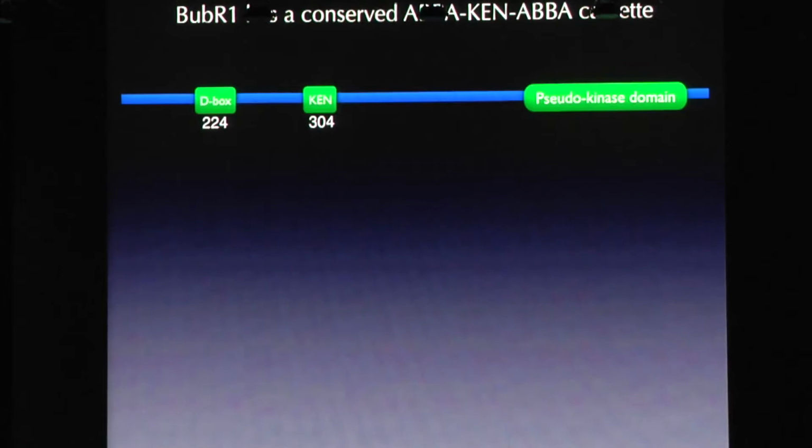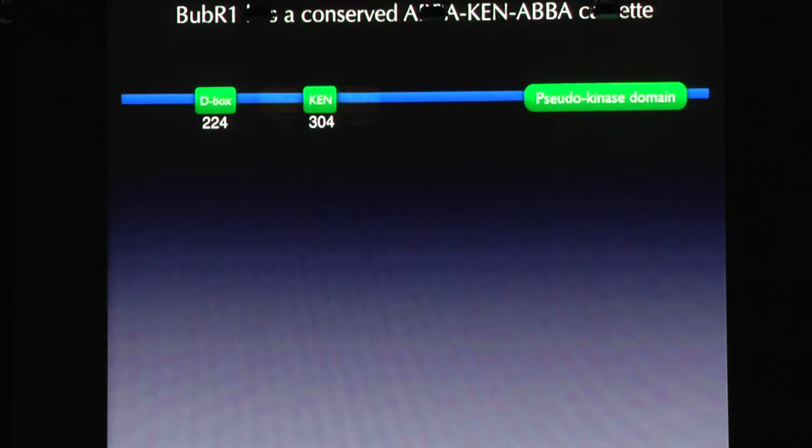And this came through a parallel set of experiments that Barbara Di Fiore was doing on a motif that we had identified that's conserved between the checkpoint proteins and cyclin A, one of the other major mitotic cyclins. And we called this, for reasons that I won't go into, the Abba Motif.